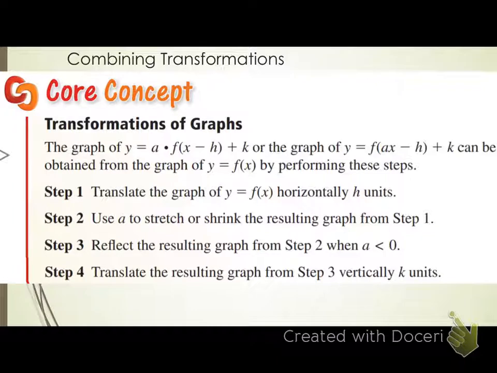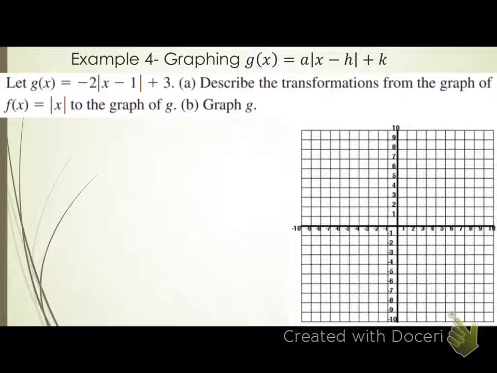So if we have more than one transformation occurring, we're going to go horizontal translation first, stretch or shrink second, reflection third, and then translation vertically fourth. Okay? So let's keep that in mind as we're doing example 4.